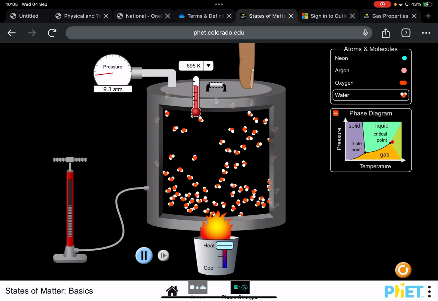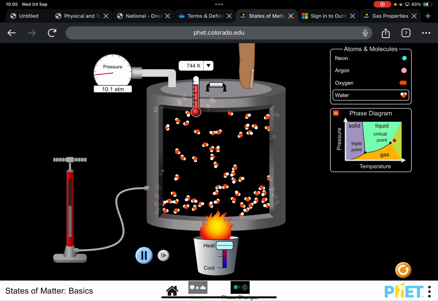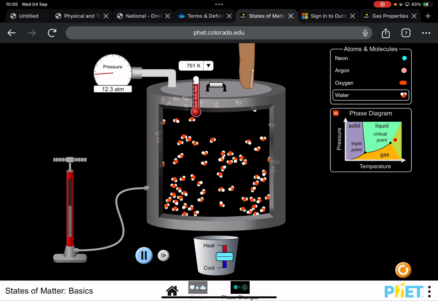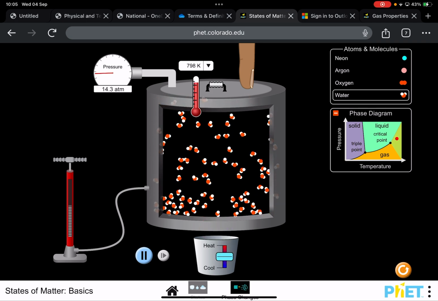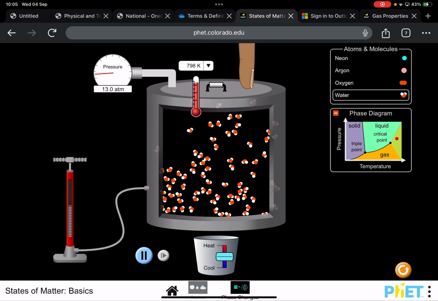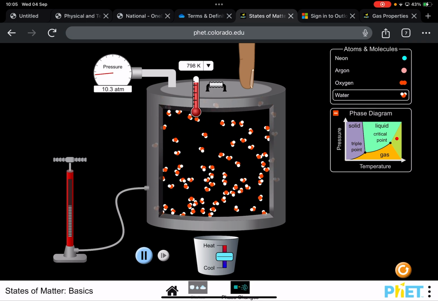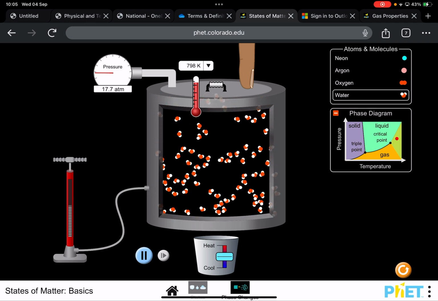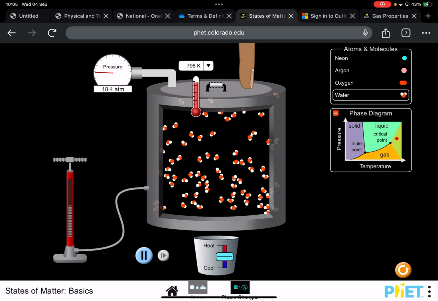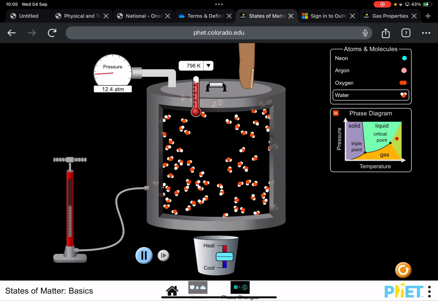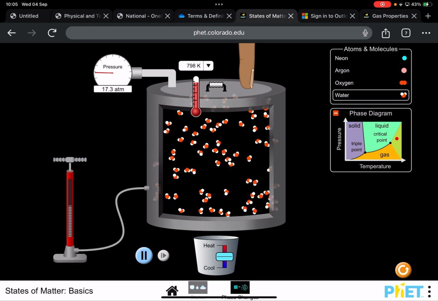And there you can see most of the particles are now a gas. Yes? Okay. So now, I just want to keep it there. So now, all the particles are gas particles. They're colliding everywhere. Now I can start with my gas formulas. Pressure P1 V1 equals P2 V2.